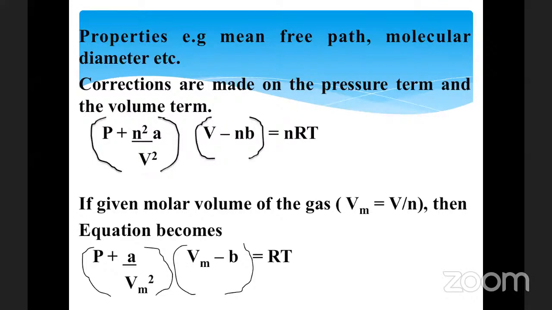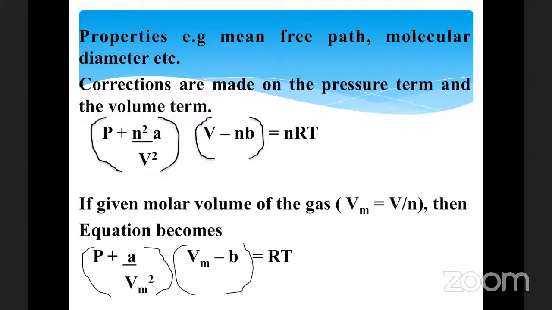We assumed it fills the container, but there is an exact volume, which is a small portion. So V minus nb, giving us nRT. So in this case, a and b are constants.